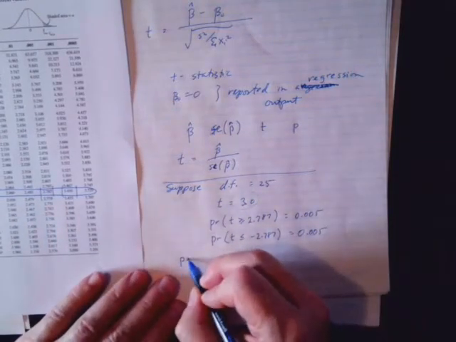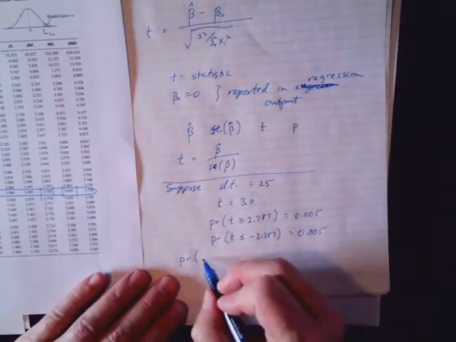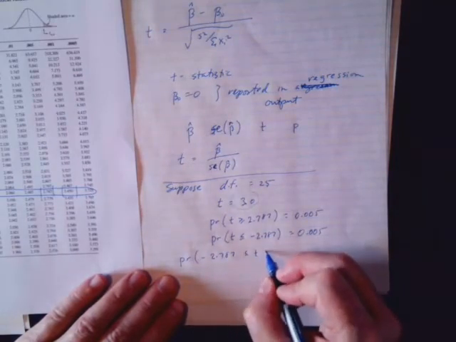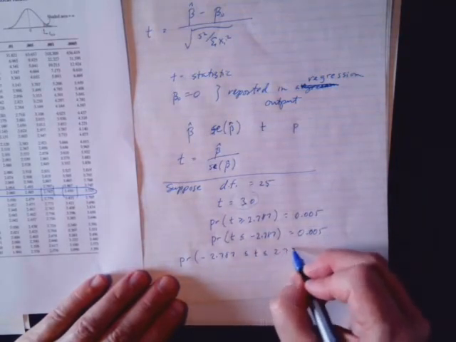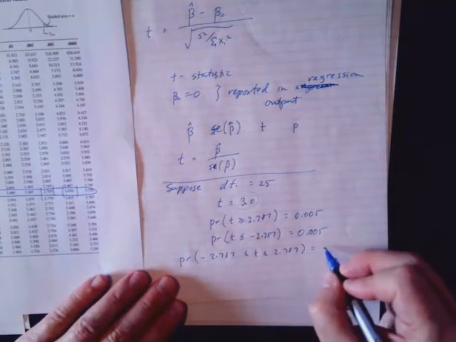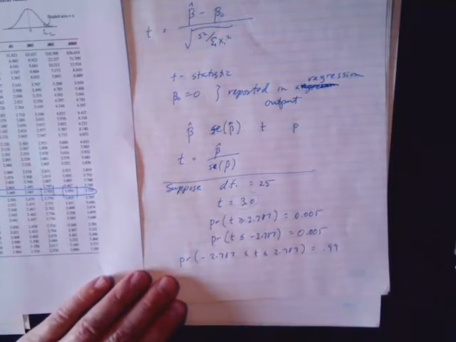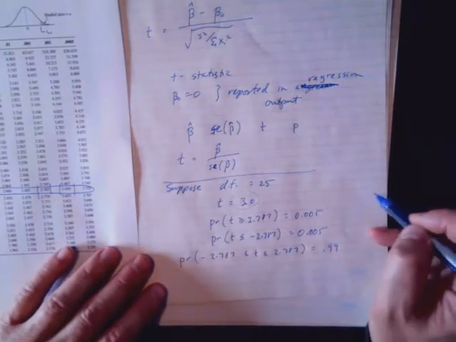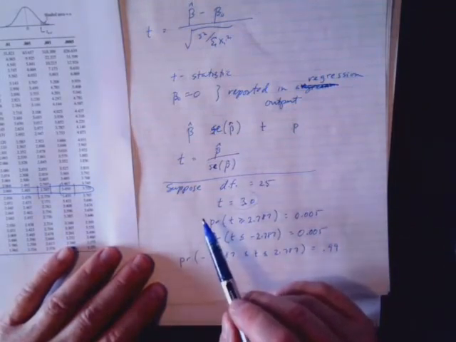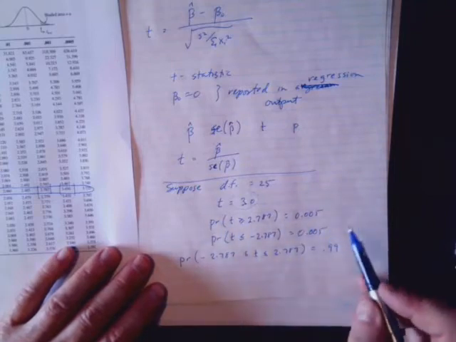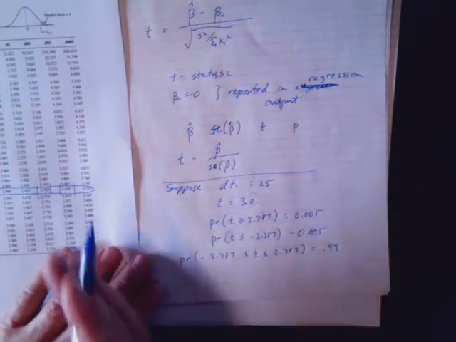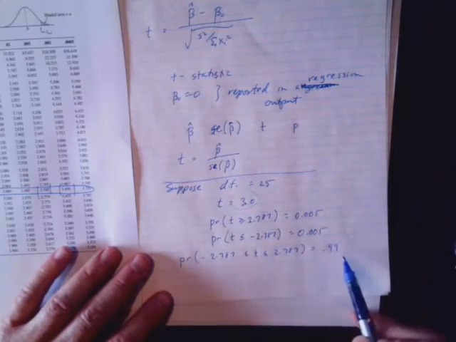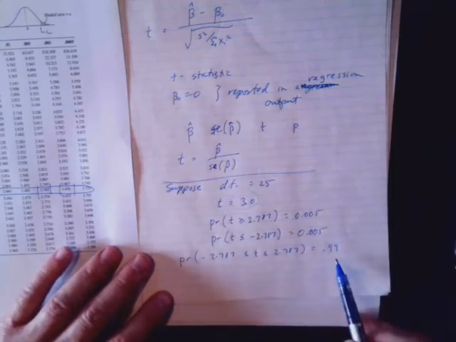So the probability that minus 2.787 is less than or equal to t, less than or equal to 2.787, equals 0.99. Where did I get 0.99? Well, we've got 0.5% in the upper tail and 0.5% in the lower tail. Put those two together and 1% of the distribution lies outside these bounds. So that's a 99% confidence interval.